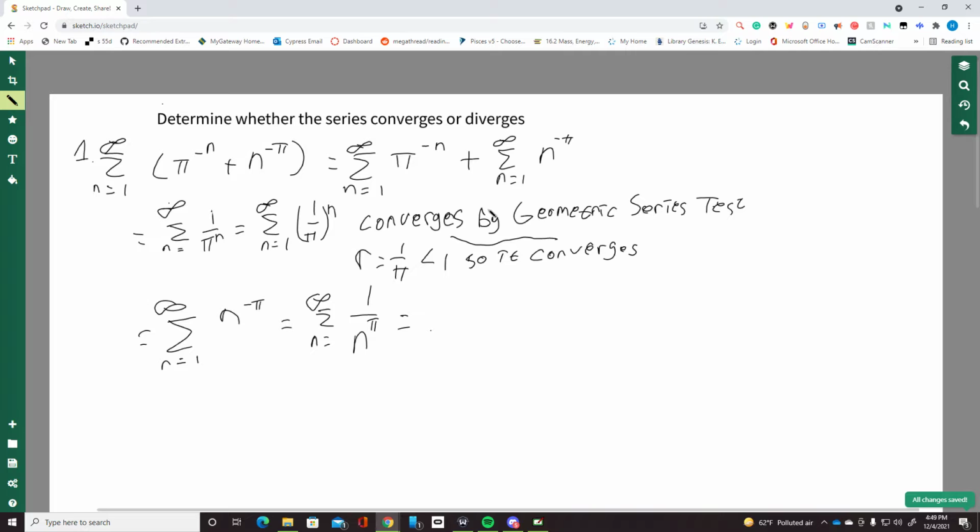So 1 over n to the pi. Essentially we don't need to do any further steps.